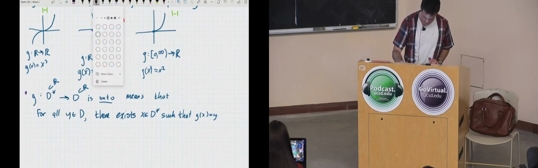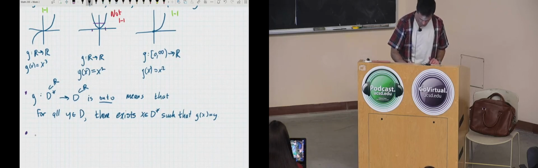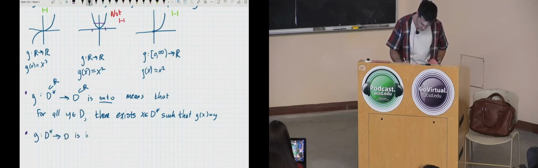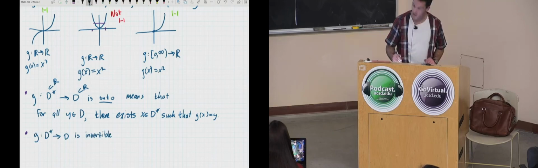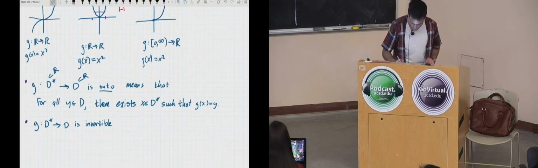Finally, and this is something we're not going to do today, but we will soon, g from D star to D is invertible if and only if it's one-to-one and onto. Well, here, let me write the definition, sorry.